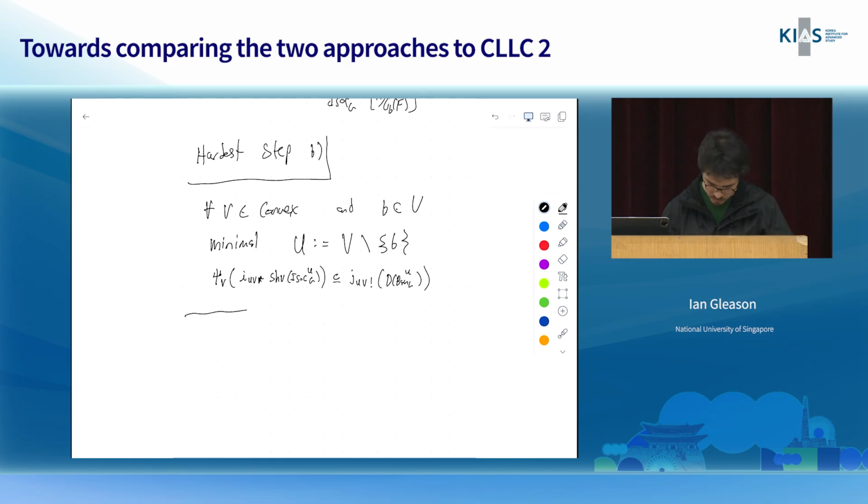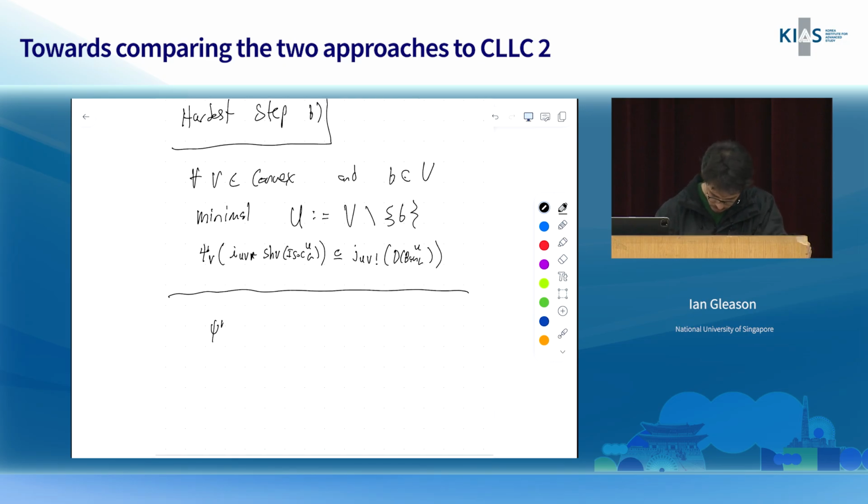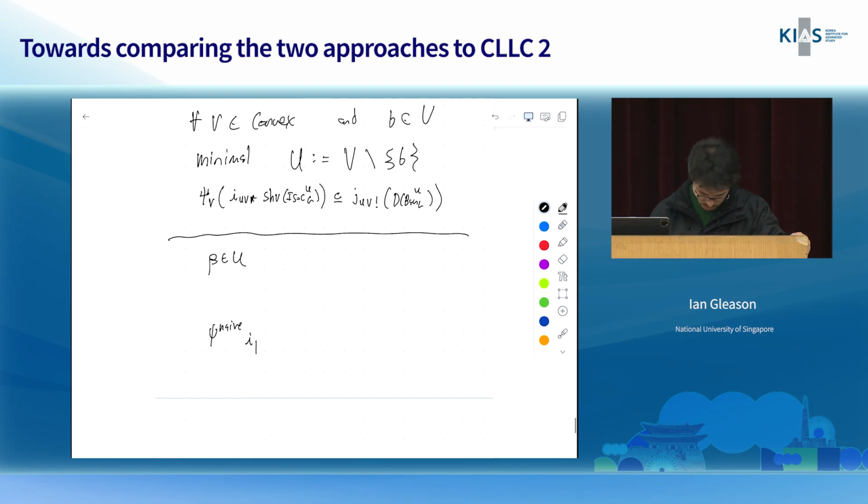Okay, so let me try to run you through the naive computation again. So let me fix some beta inside of U, right? This is maybe a point that specializes to B or something of the sort.